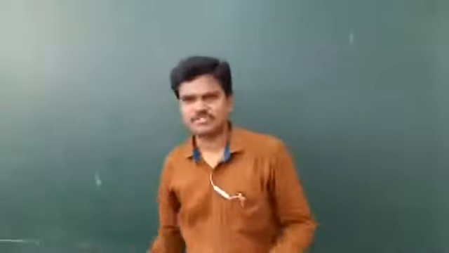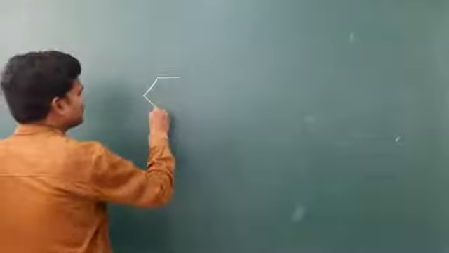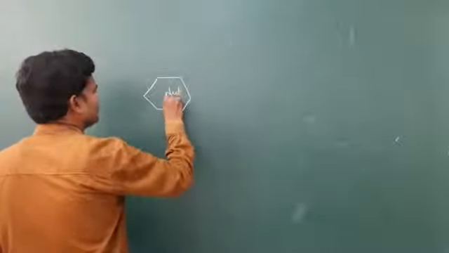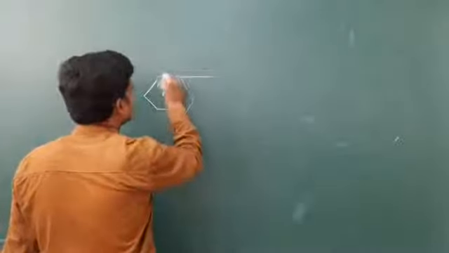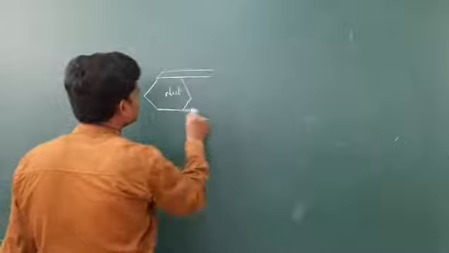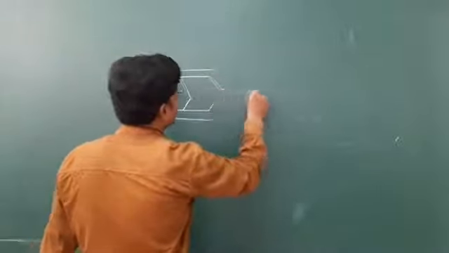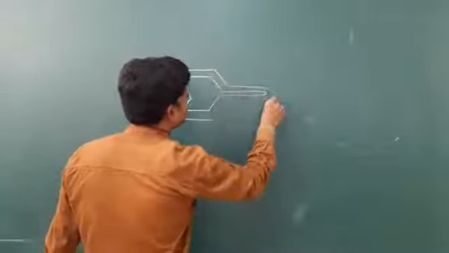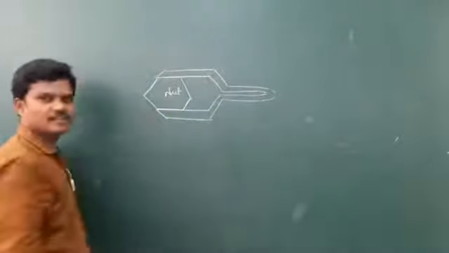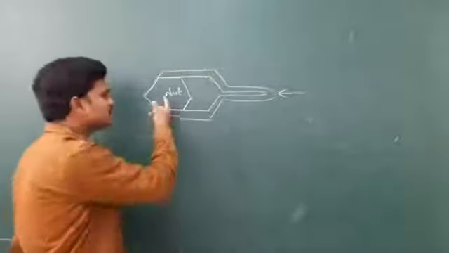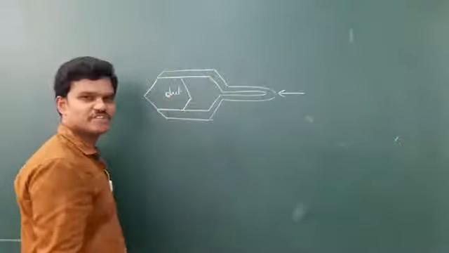Plenty of examples. Suppose a nut is given; if we want to rotate this nut, we generally use a spanner. This is the spanner. If I apply a force in this manner, the nut never rotates about this axis of rotation.